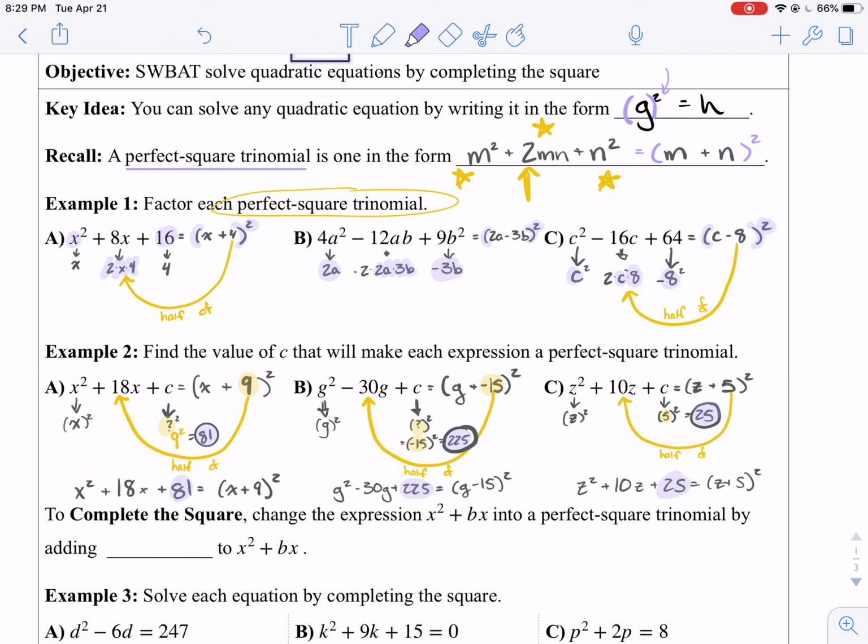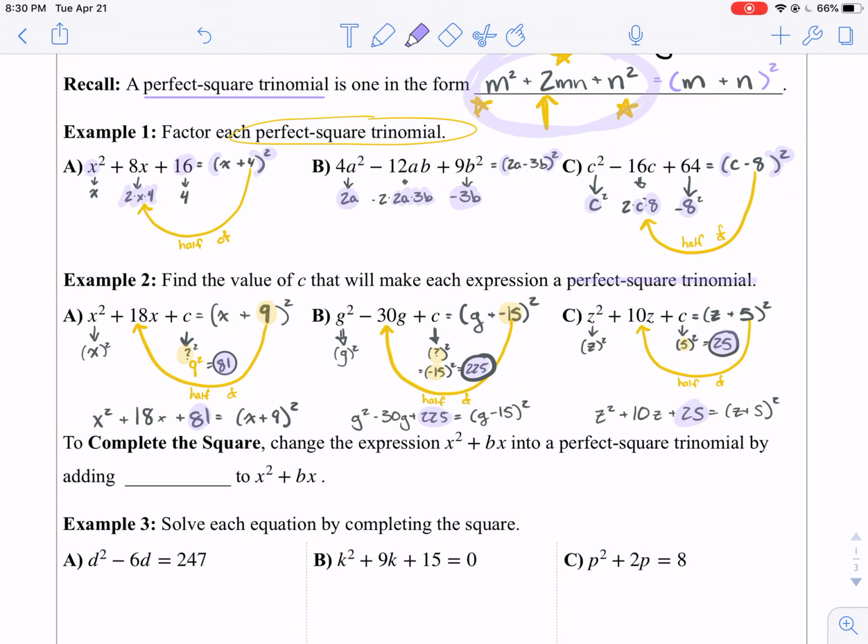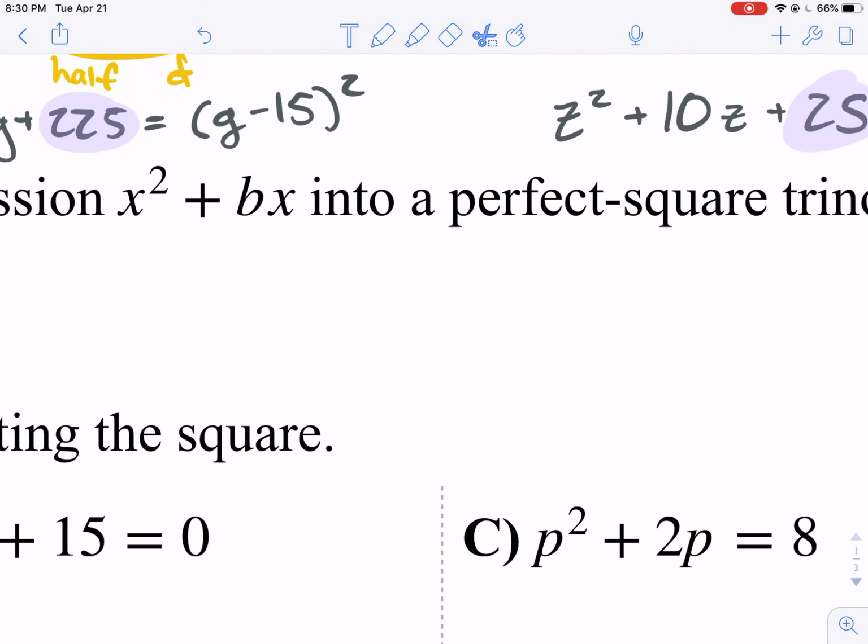Again, to make a perfect square trinomial, we are trying to make it fit this pattern right there. So what did we do here? Well, to complete the square, if we were given x squared plus bx, to make that a perfect square trinomial, we found out, okay, what is half of b? So we took half of b, that's b over 2.